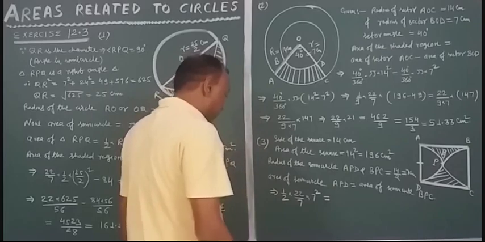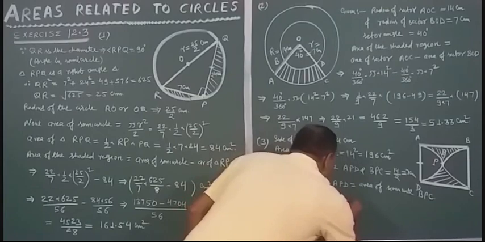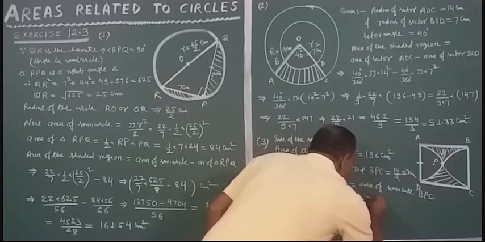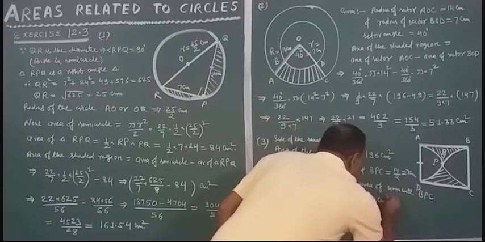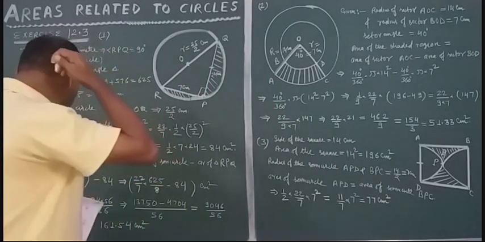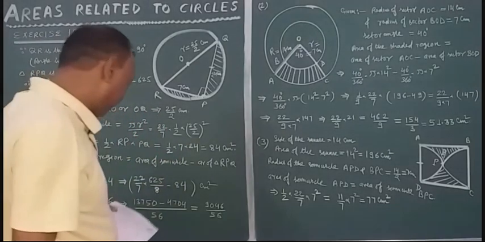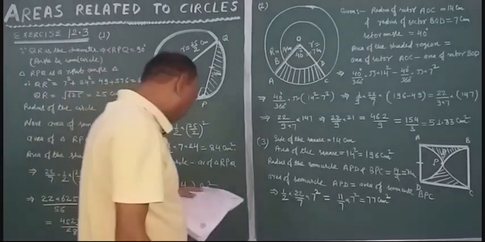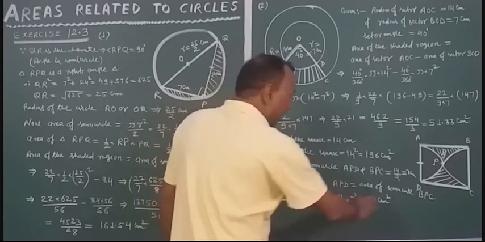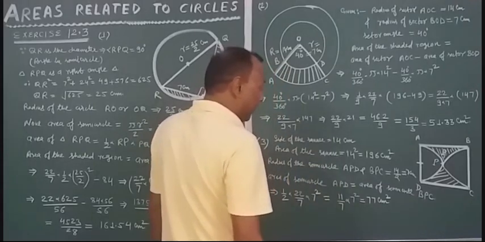So 2 will cancel here, 11 upon 7 into 7 square. This 7 will cancel out, 77 centimeter square. So this is the area of the semicircle APD and area of the semicircle BPC. Both will be equal to 77 centimeter square.